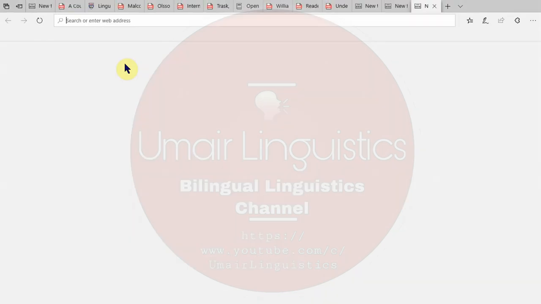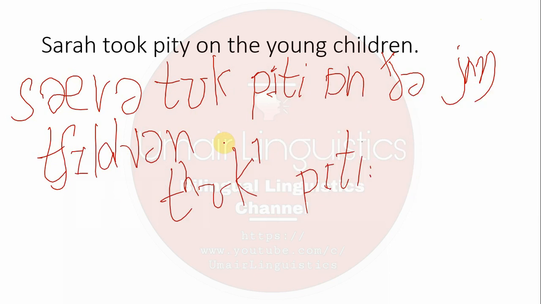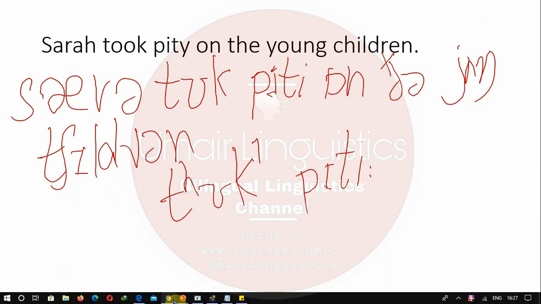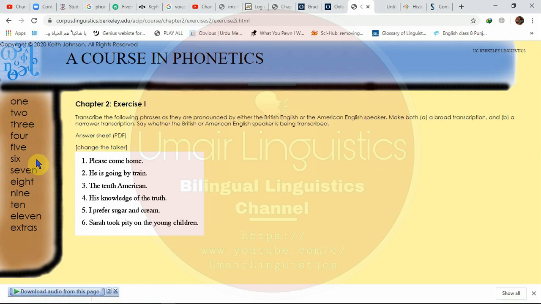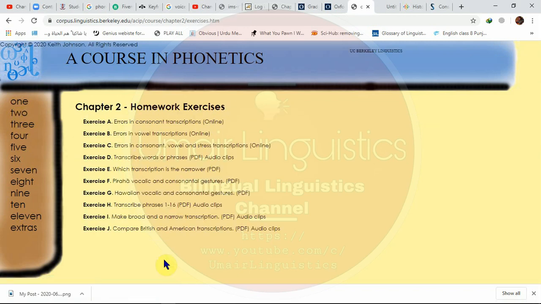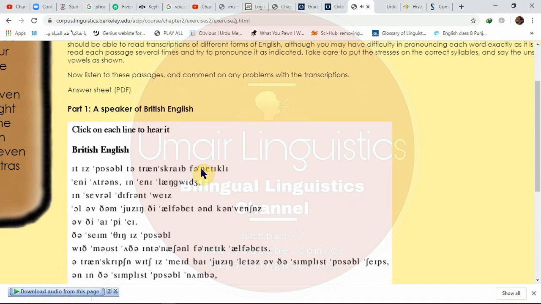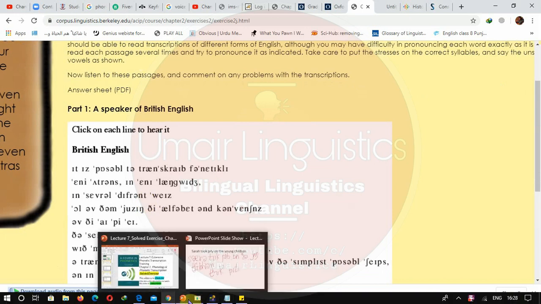So on the website, if we go to compare British and American, exercise J, here we can listen to any of these. Click on any of the lines. So in this way we have to listen.